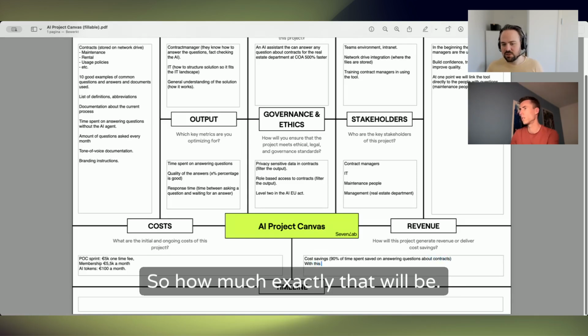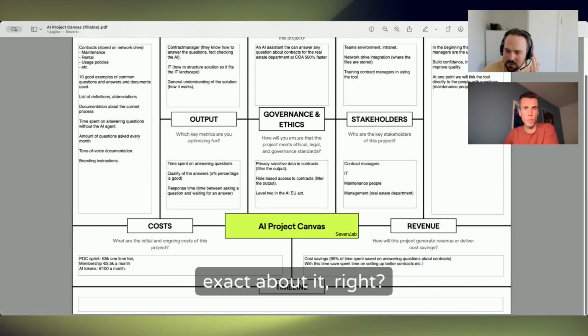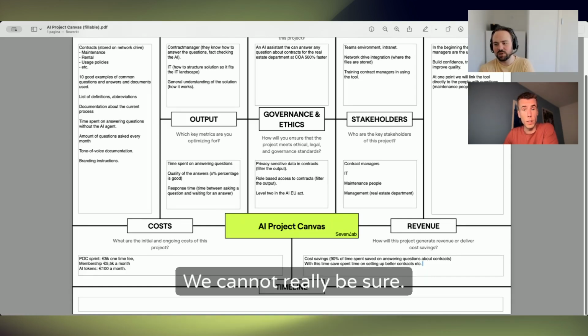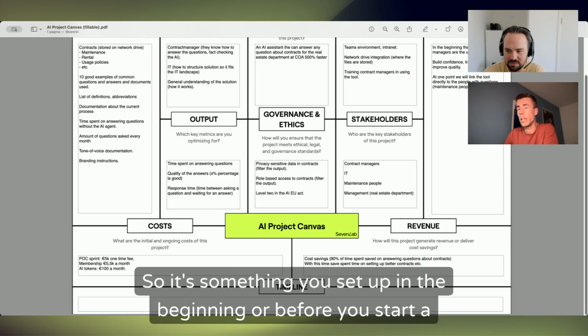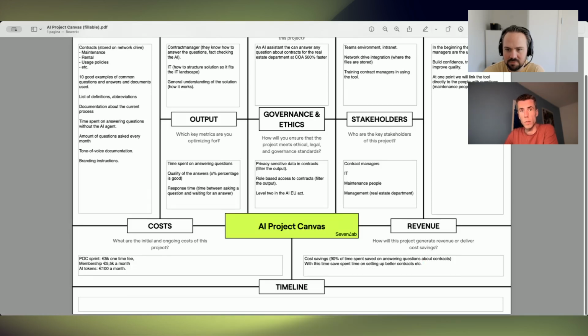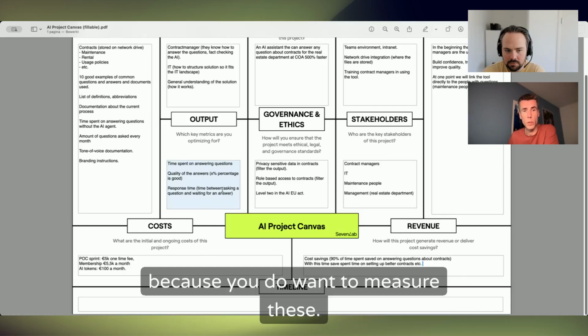So how much exactly that will be? And I guess with this canvas, it's also a matter of not being that exact about it, right? It's an estimate for the future because the project usually doesn't exist yet. We cannot really be sure. So it's something you set up in the beginning or before you start a project, and then during the project you can adjust it. And that's why these key metrics for optimizing the output are important, because you do want to measure these.